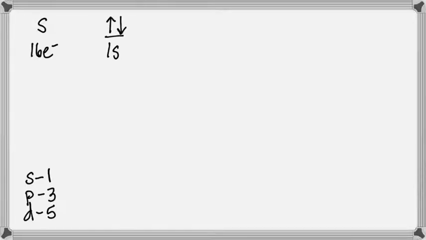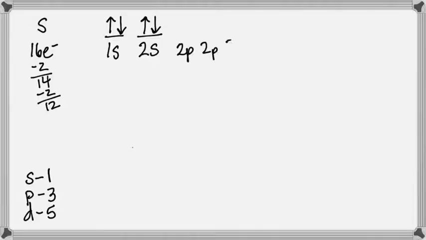It holds 2 electrons. After 1s is 2s. Again, just the 1 orbital holds 2 electrons. After 2s, what fills up next? 2p. We're showing all 3 orbitals within that p sublevel.